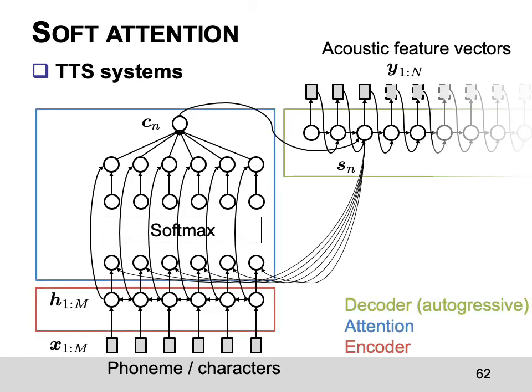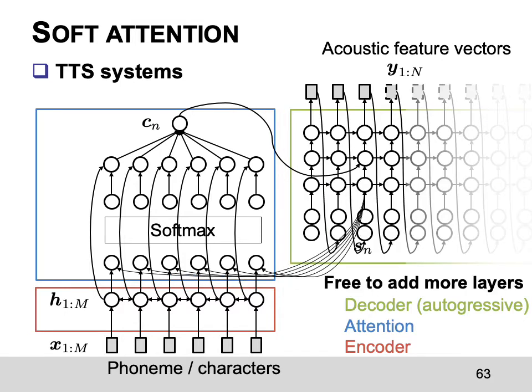And we still have the encoder, the attention, and the decoder, which is autoregressive. But of course, we can do something more. For example, adding more layers in the decoder, increasing the number of recurrent layers, and adding the prenet, which receives the feedback from the previous time step in the autoregressive decoder.